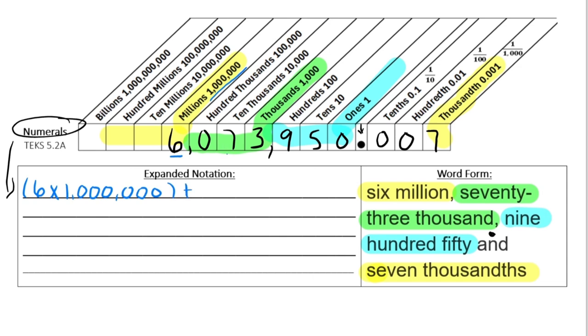Plus, I have a 7, and that 7 is inside my 10,000s place. Plus, I have a 3 inside the 1,000s. Plus, I have a 9 inside the 100s.